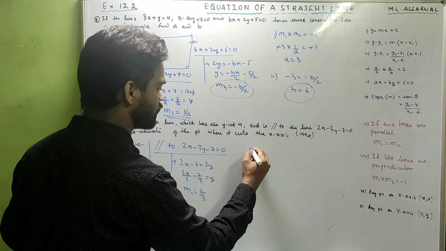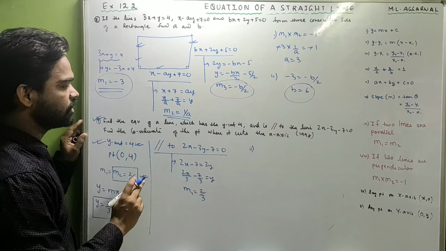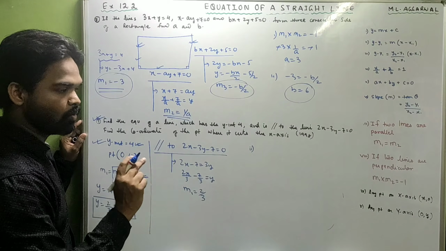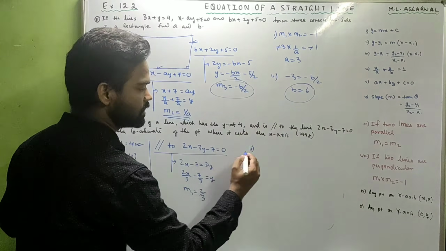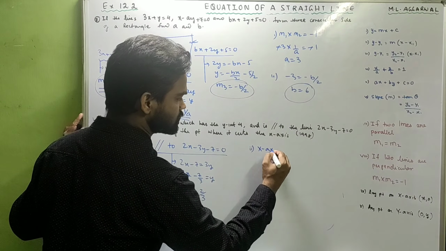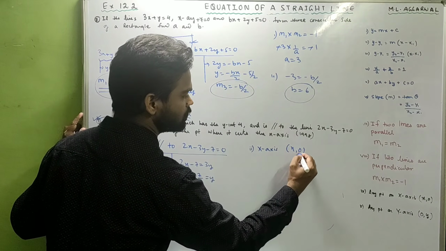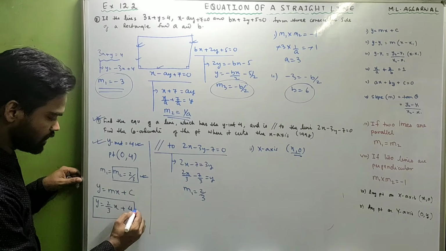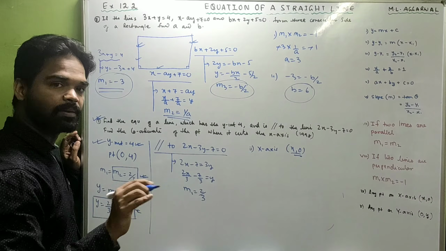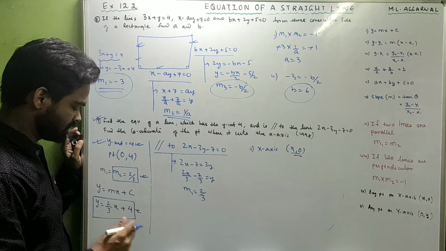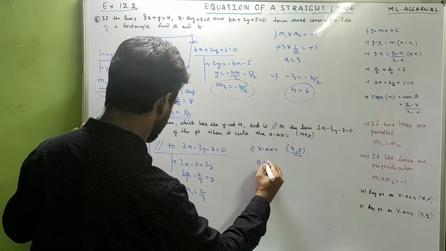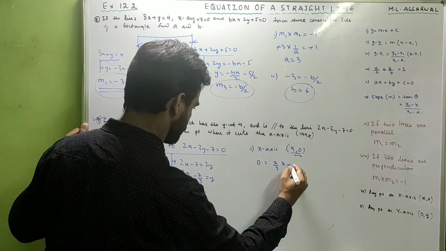Now in the second part they've asked, find the coordinate of the point where it cuts the x-axis. Now where it cuts the x-axis, any point on x-axis will take x comma 0 and we'll substitute this in our line to get the point on the x-axis. See, instead of y, put 0. Simple.